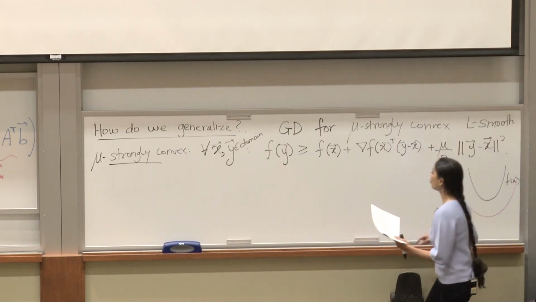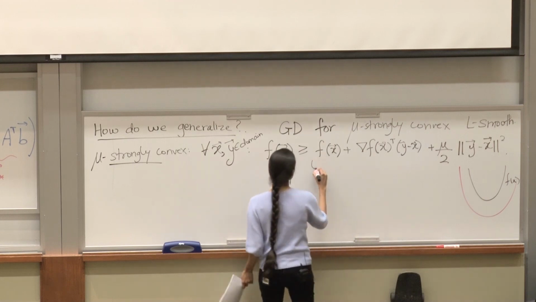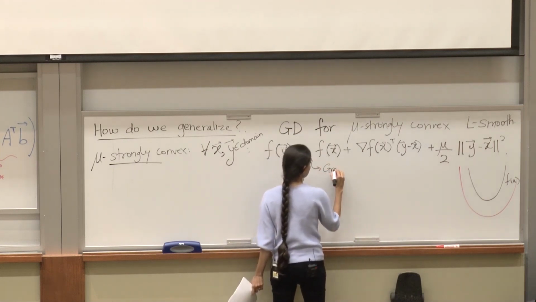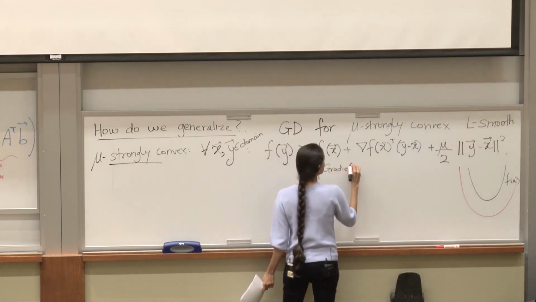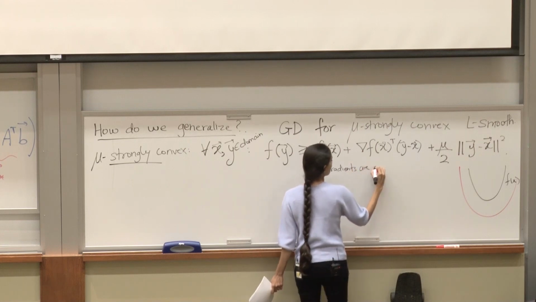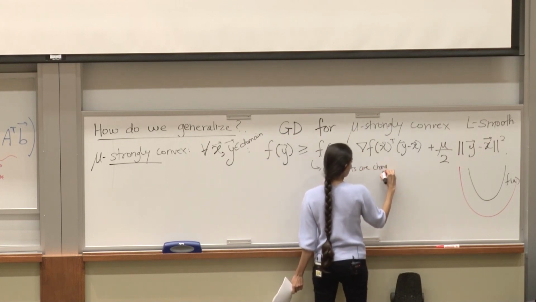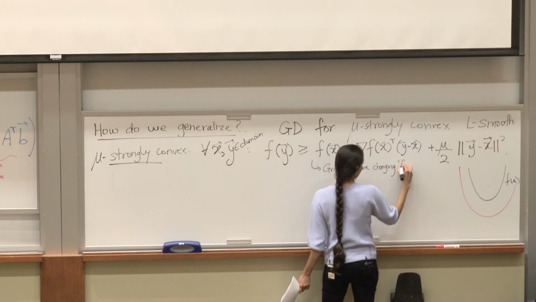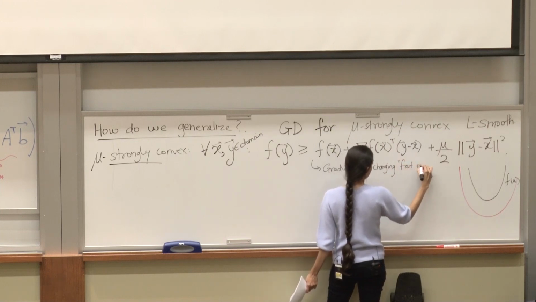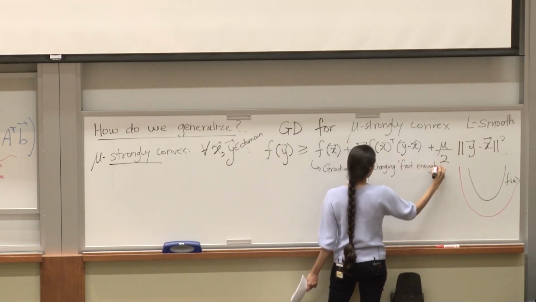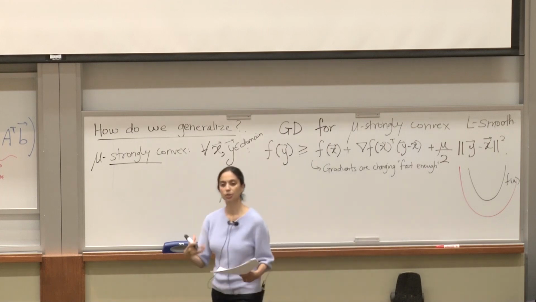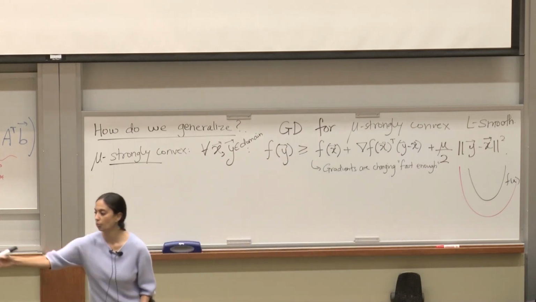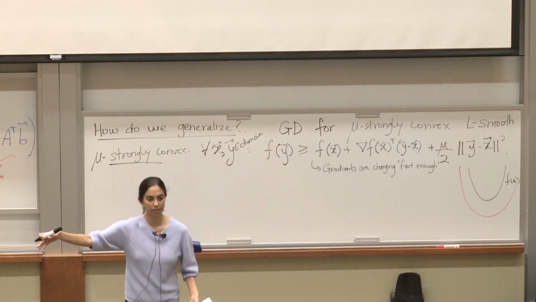And this condition we are going to use to show that the gradients of our function are changing fast enough. Let's say this water bottle is my optimum and I'm trying to get to it.